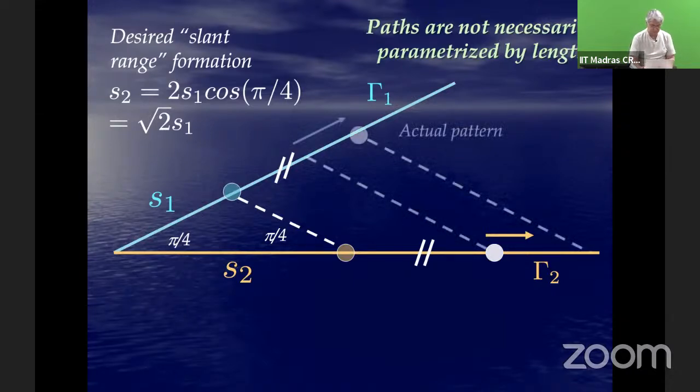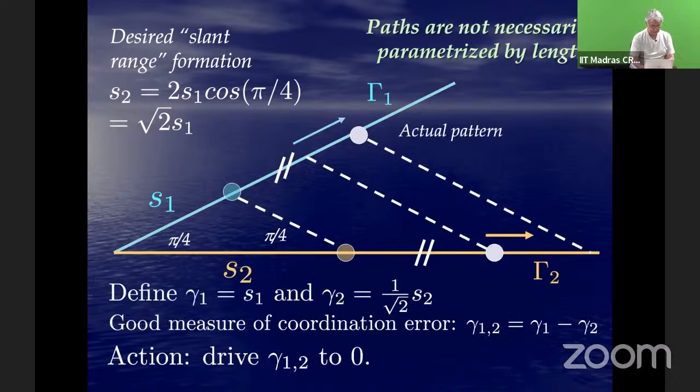So then you move along. Remember, S2 is equal to the square root of 2 S1. So because you want to declare victory when the gammas are equal, you redefine the parameters and you say, okay, for path number 1, gamma 1 is the length, but for path 2, gamma 2 is 1 over the square root of 2 times S2.